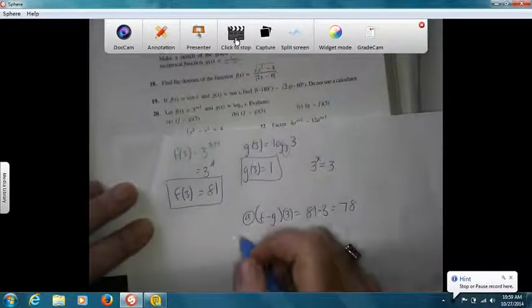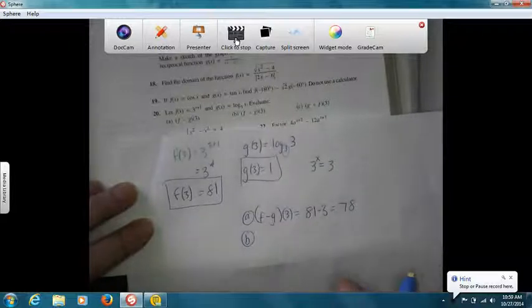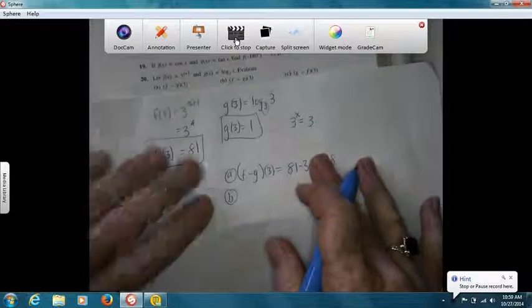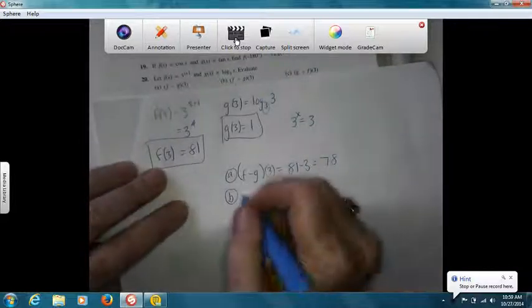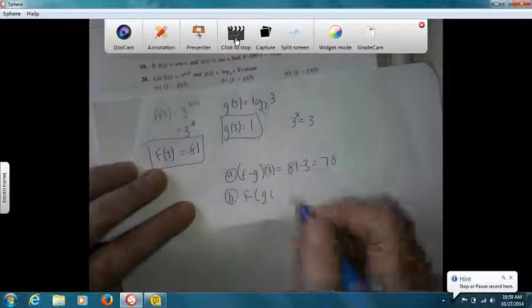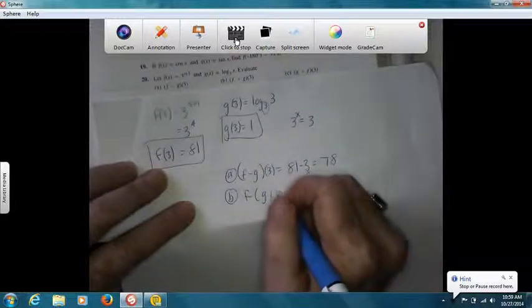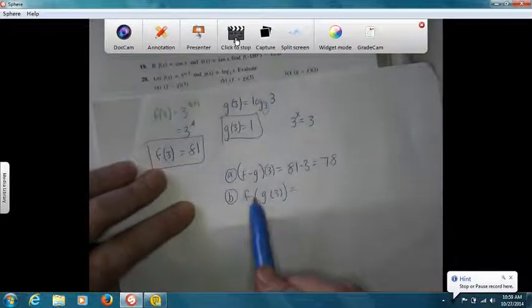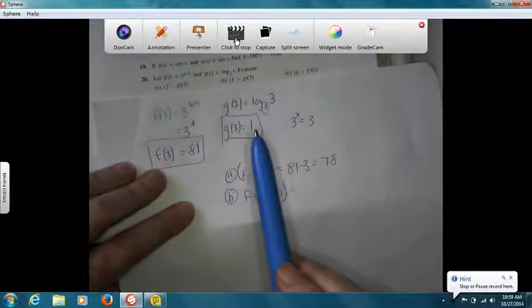Okay, and then B says f composed with g of 3. So that means f of g of 3. Basically take g of 3 and plug it into the f function. We know g of 3 is 1.